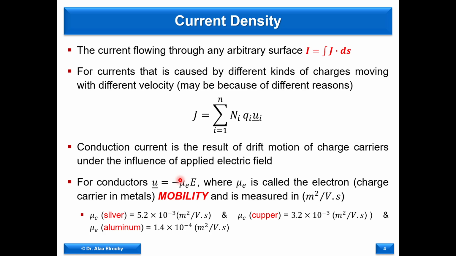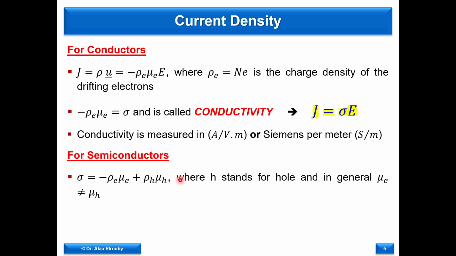For conductors, we just said the volumetric current density equals the volumetric charge density multiplied by u, or we can just replace u with minus mu E. And we know that rho e, the volumetric charge density, is the number of charges per unit volume multiplied by the charge of an electron.